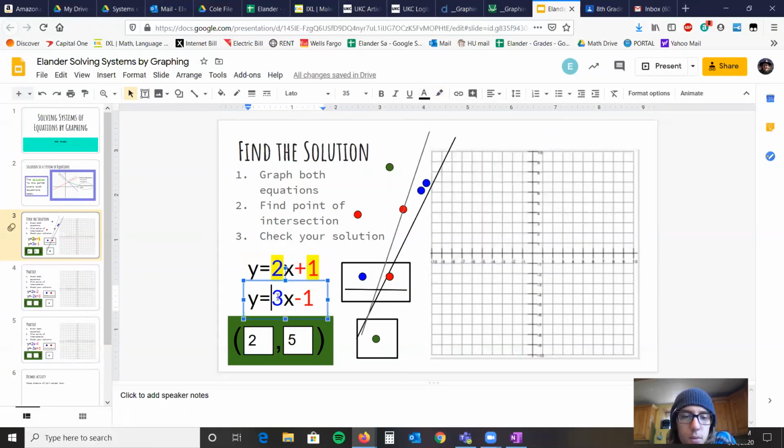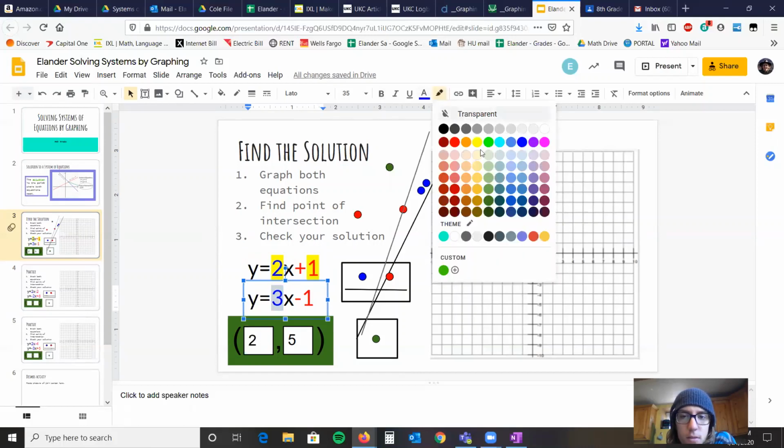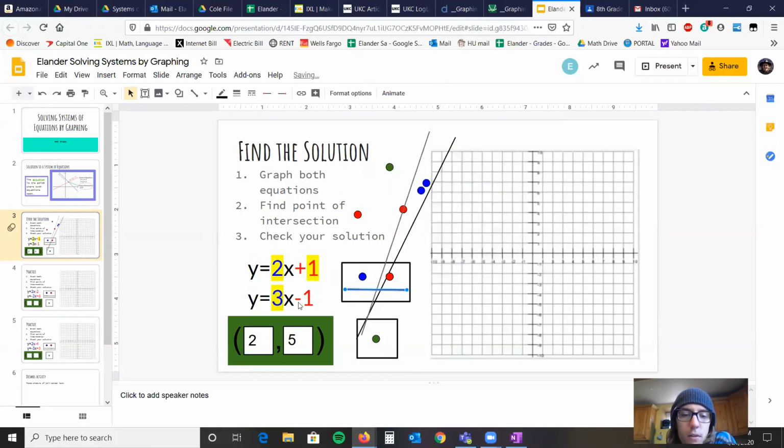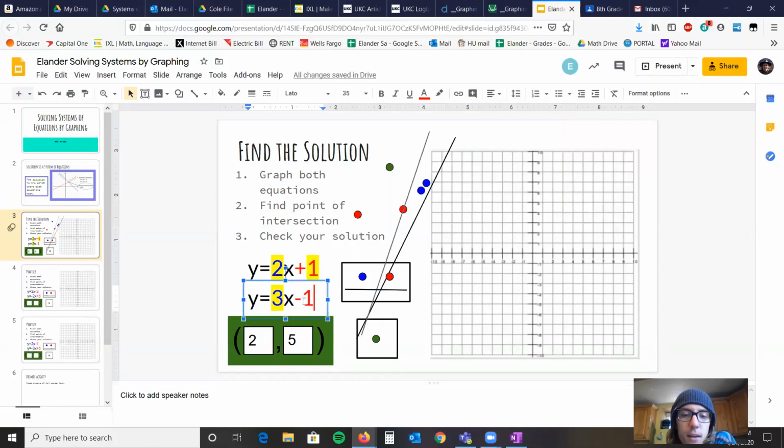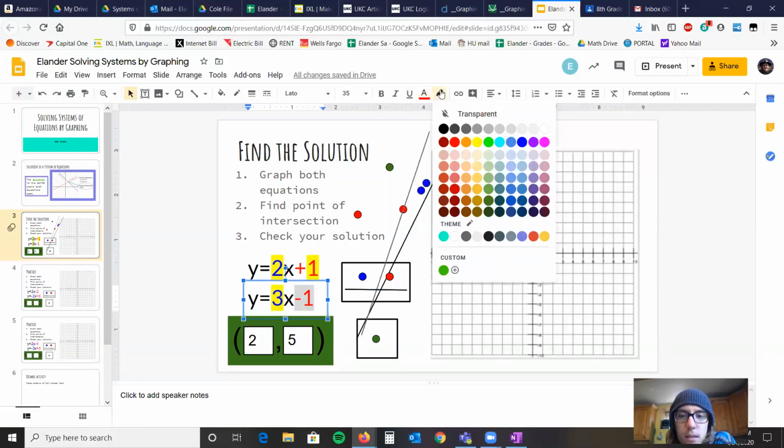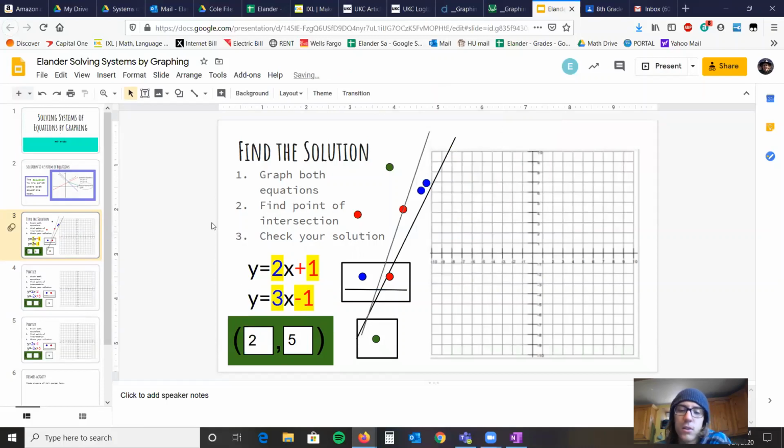Okay, so y equals mx. M is your slope, whatever is in front of the x. And whatever is on the end is your y-intercept. So you're going to start with your y-intercept. That way you have a starting place on the y-axis.